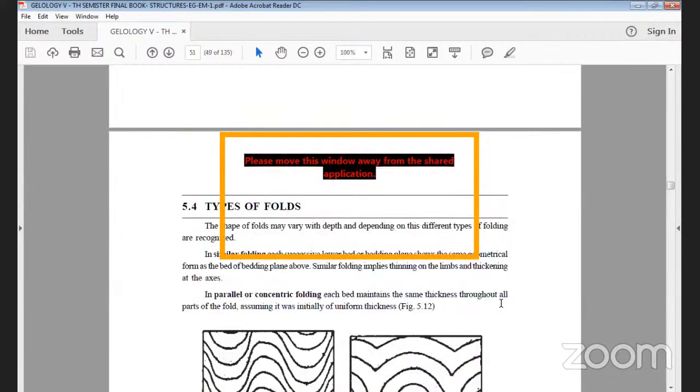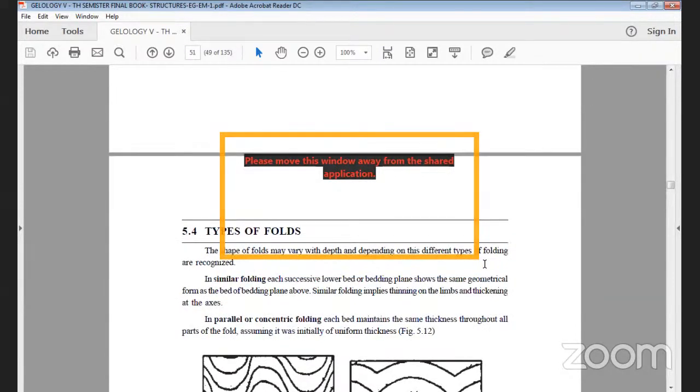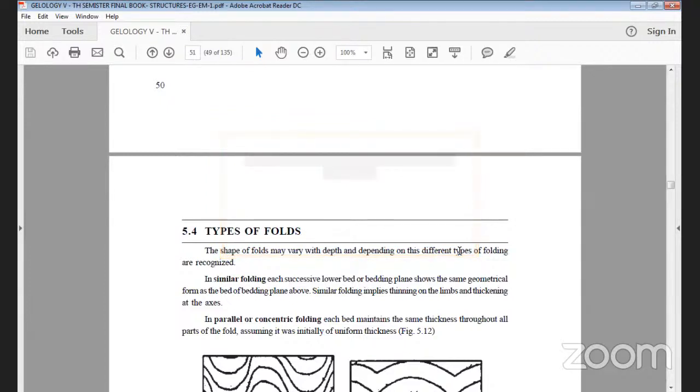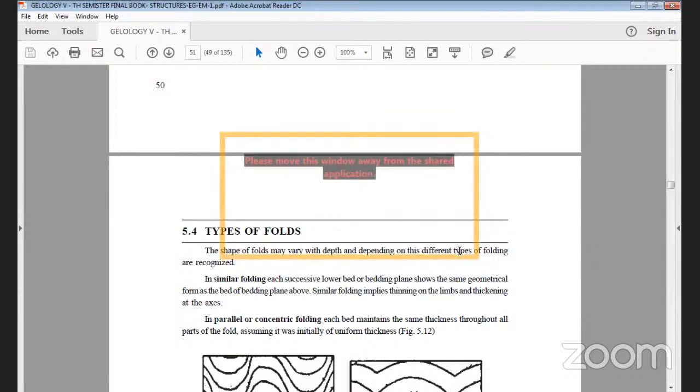Then, types of folds. The shape of a fold may vary with depth, and depending on this we can recognize these types of folds. In similar folding, each successive lower bed or bedding plane shows the same geometrical form as the bedding plane above it.